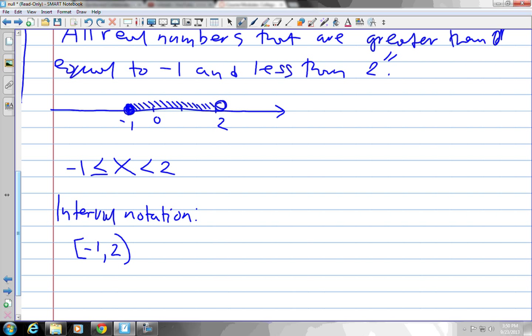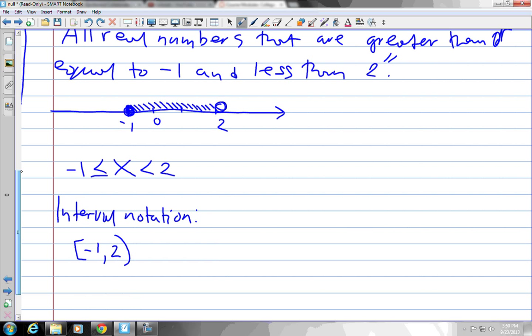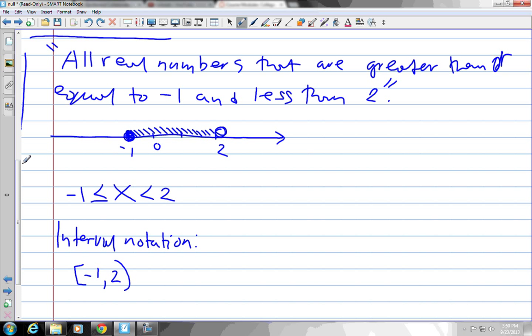So the bracket means we include something that's part of the set. Parenthesis means it's not. So every time you have a less than or greater than or equal to, that equal part, you have a bracket next to it, you have a filled-in dot. Every time it's strict inequality, less than, greater than, without the equal part, you have an empty circle and a parenthesis.